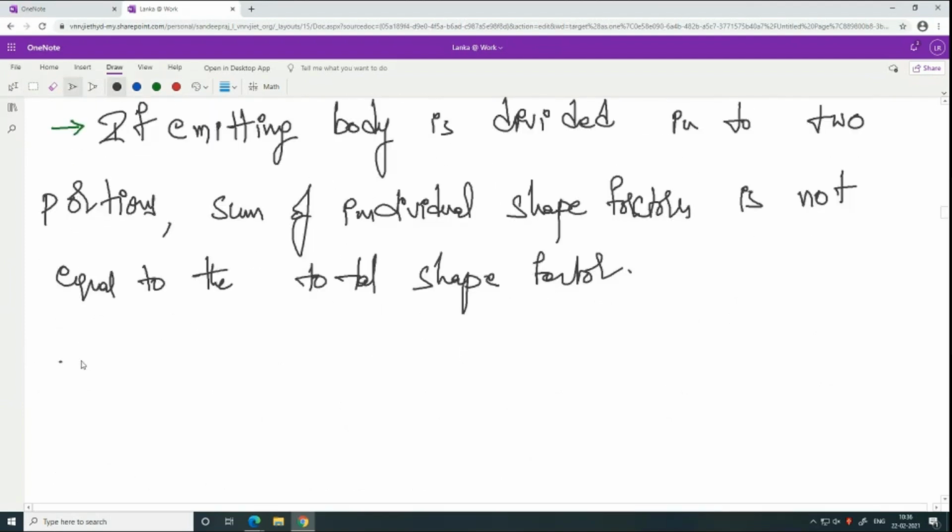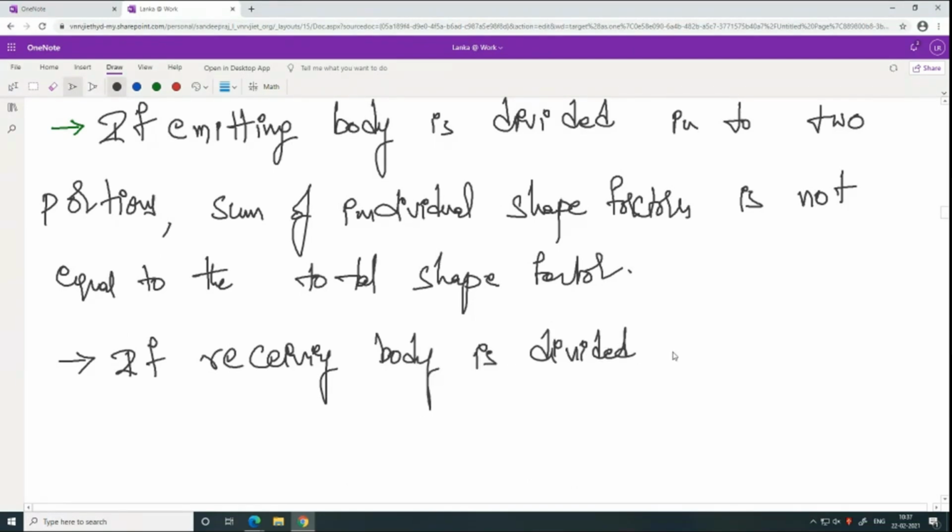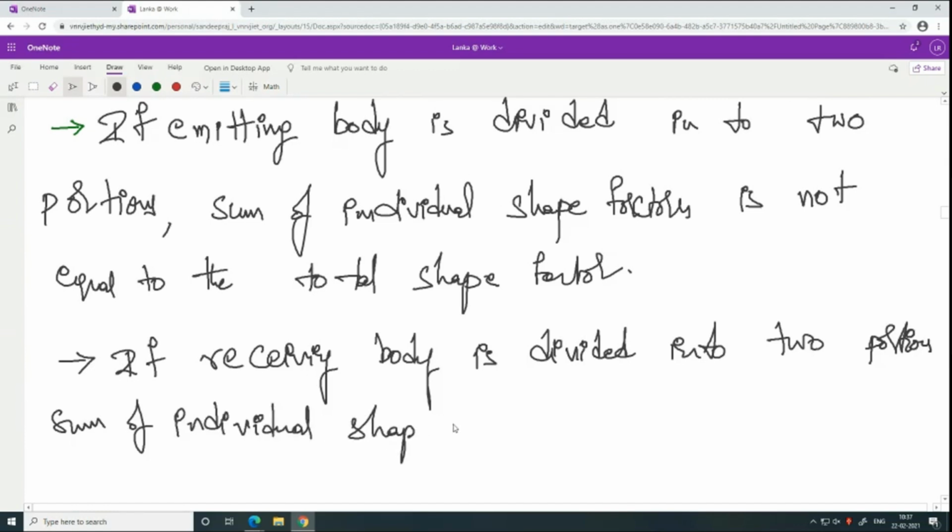If the receiving body is divided into two or more portions, the sum of individual shape factors will be equal to the total shape factor.